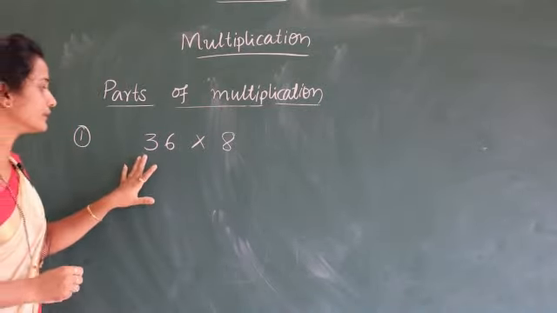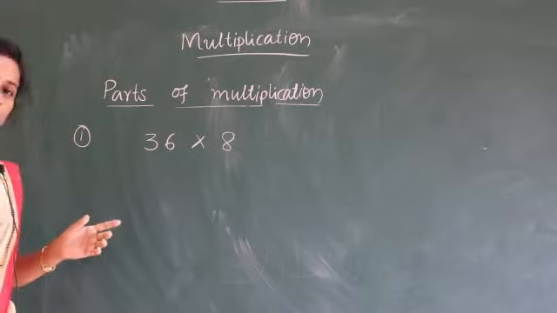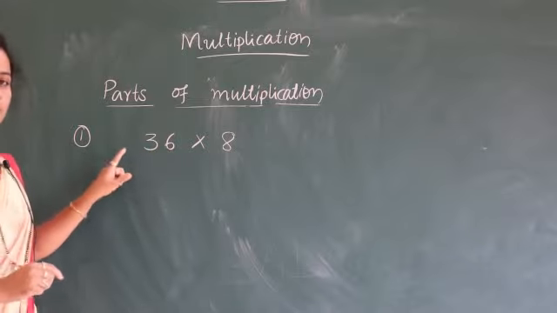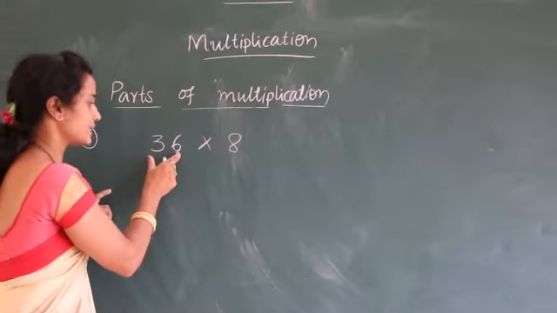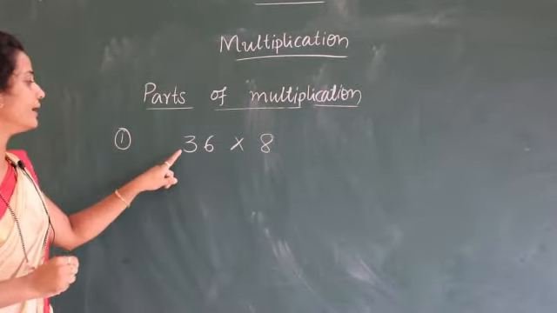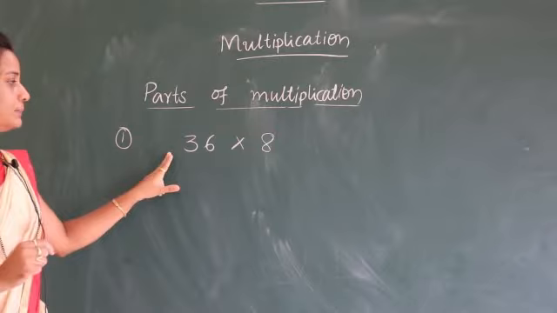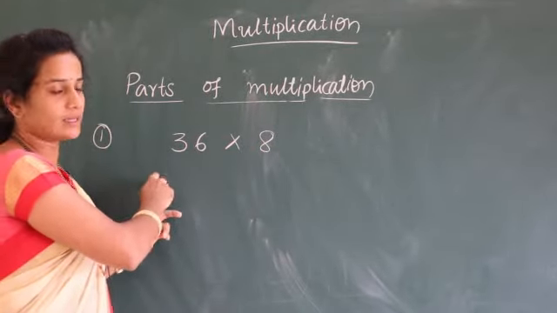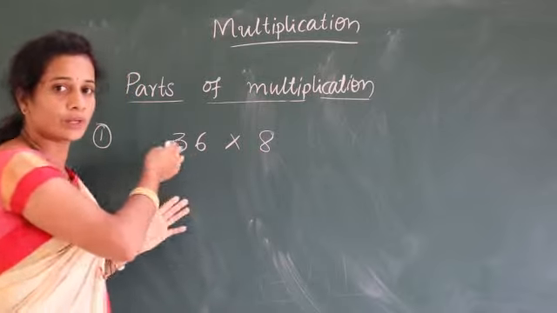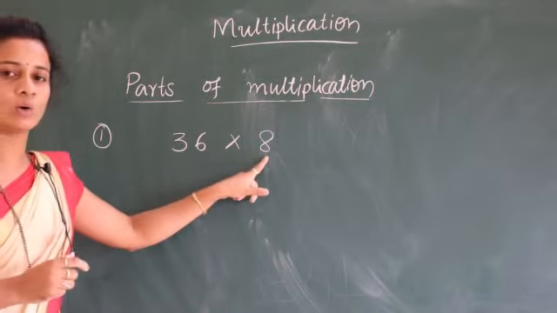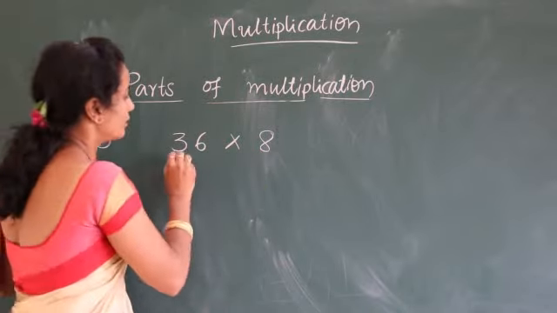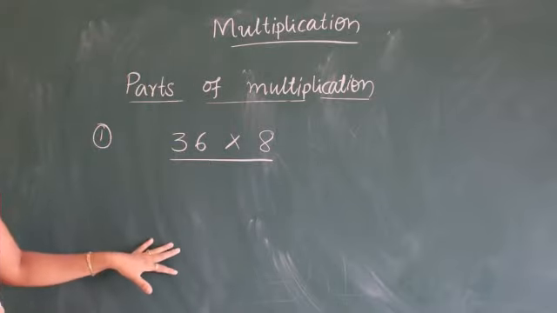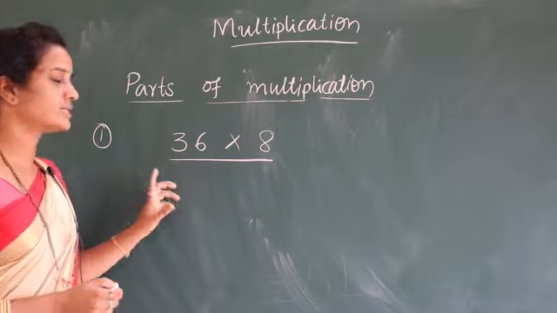Here 36 is a number which is going to be multiplied, so it is called the multiplicand. And 8 is the number by which we are multiplying. It is called the multiplier. And the final answer after multiplication is called the product.